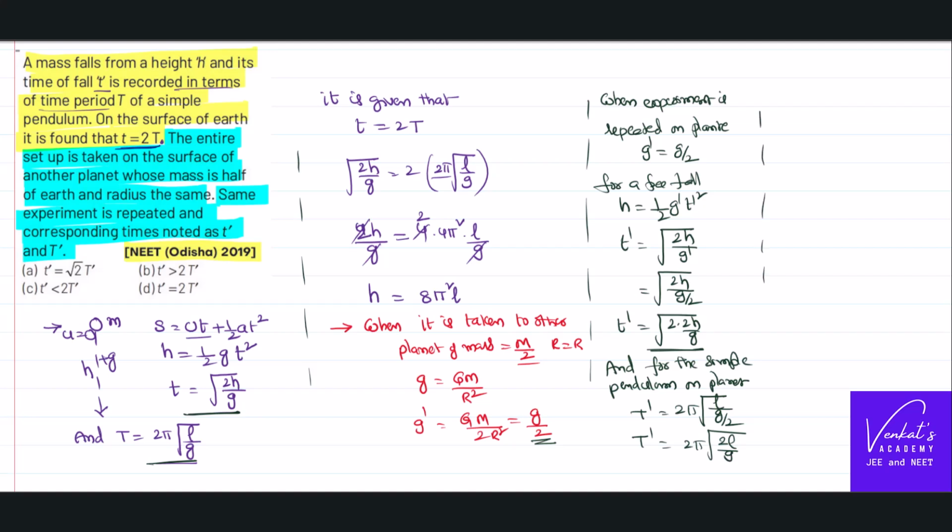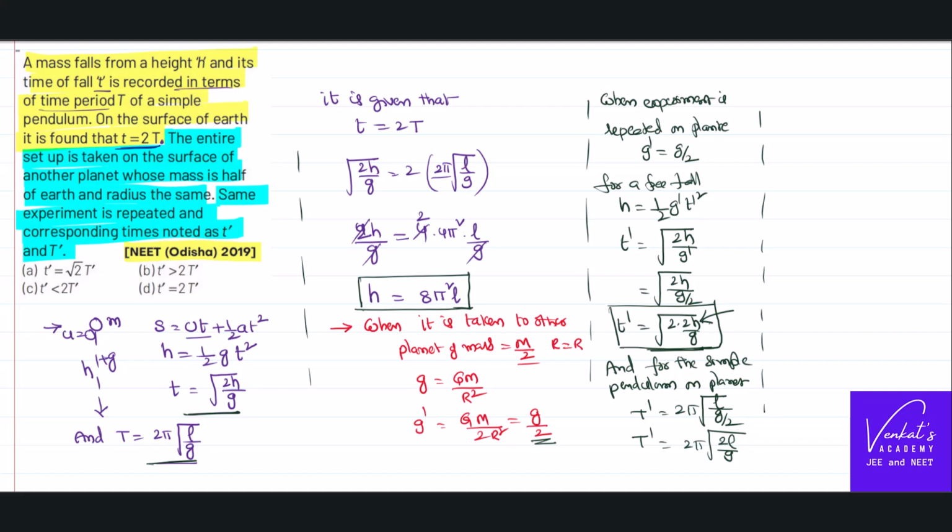I want a relation between small t dash and capital T dash. What I can do now is, in the place of h, I have derived a relation between h and L. I will substitute that, so I get it in terms of capital T dash, right?